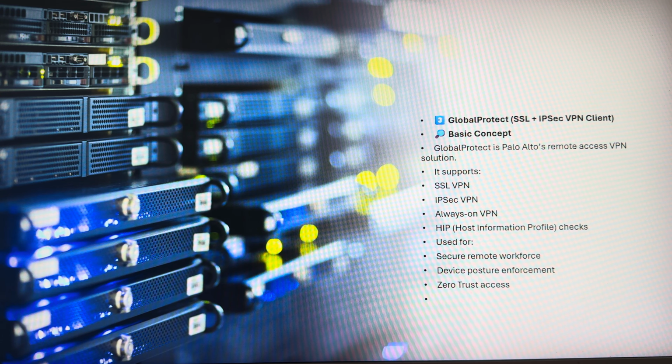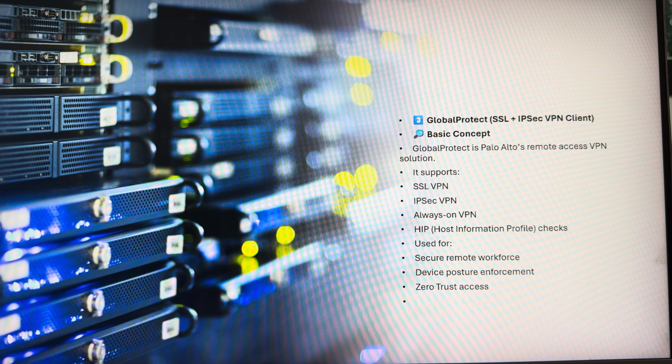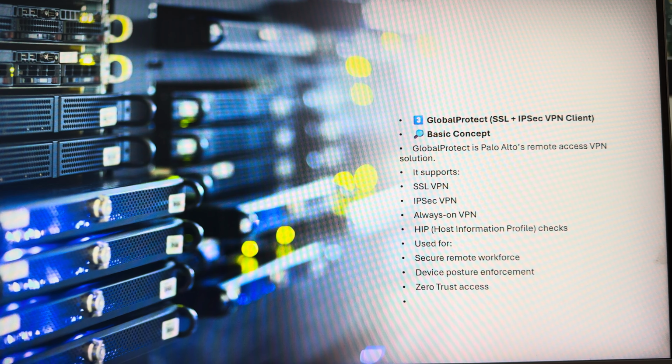GlobalProtect, SSL plus IPsec VPN client. Basic concept: GlobalProtect is a Palo Alto remote access VPN solution. It supports SSL VPN, IPsec VPN, always-on VPN, and HIP, host information profile, checks, used for secure remote access, device posture enforcement, and zero trust access.